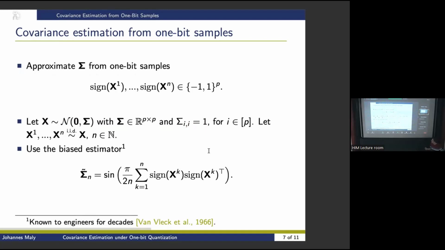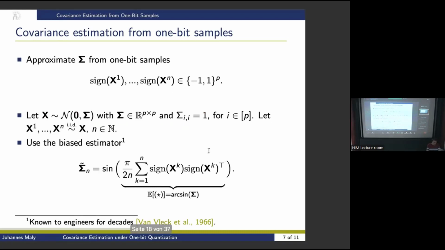Now you might wonder, where does this come from? If you just take the expectation of the inner part, this is exactly arcsine of sigma. Although it's not that simple, you can see that if n goes to infinity, the inner part converges to this, and since sine is a continuous function, you end up with the sigma you want.